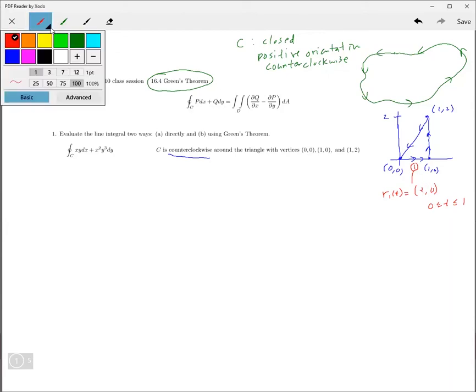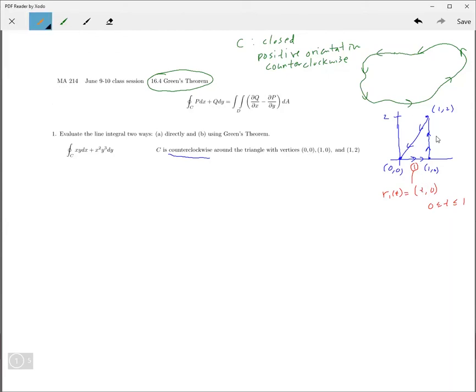And then we have a second one, which will be this one right here. So you start here, go there, then you go up here. The parameterization for that one could be, oh dang, I didn't leave very much space for myself here. I'm going to do it over here.